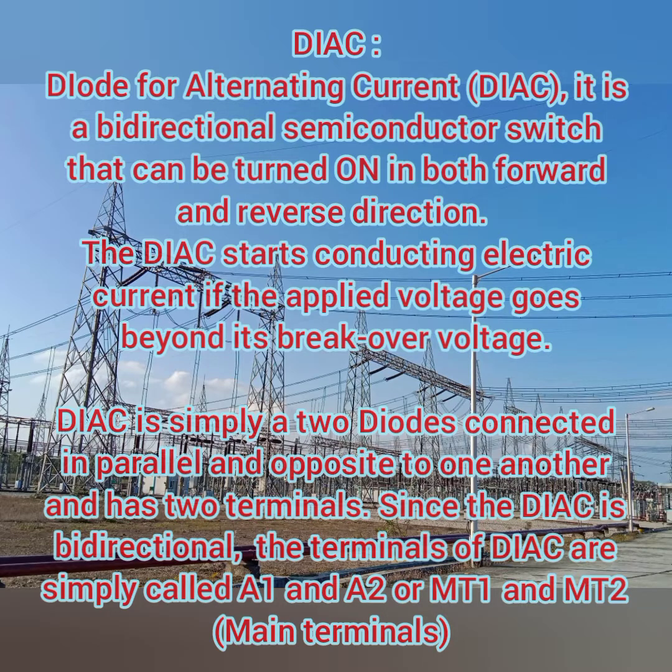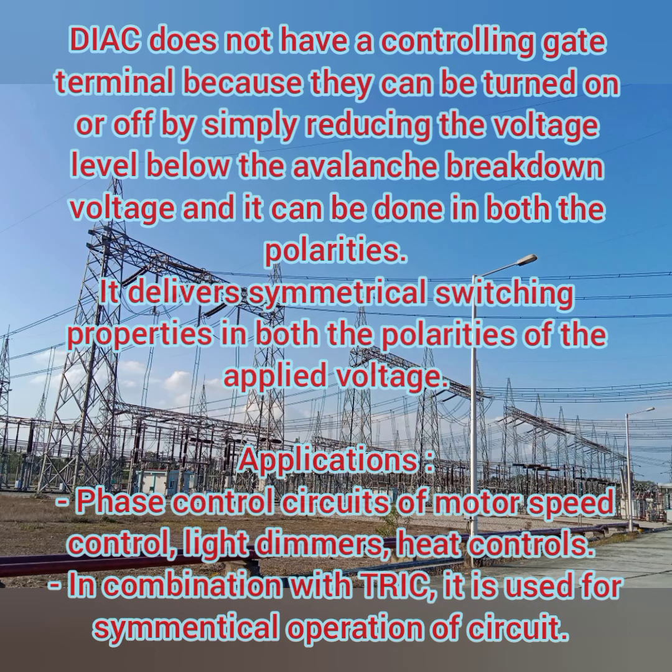So a DIAC is simply two diodes connected in parallel and opposite to each other. Since the DIAC is bidirectional, the terminals are simply known as MT1 and MT2, which is main terminal 1 and main terminal 2.